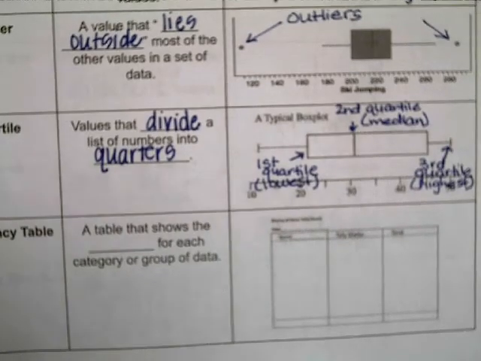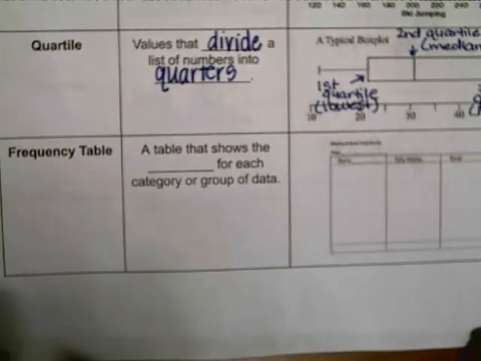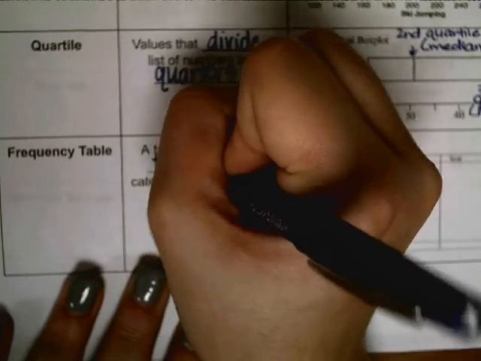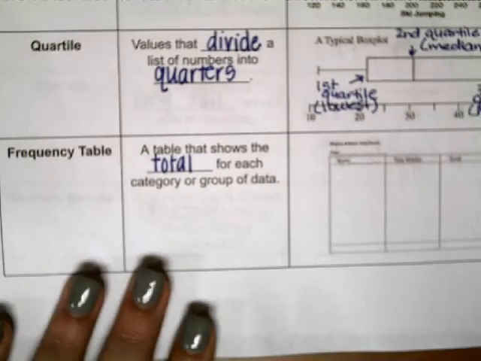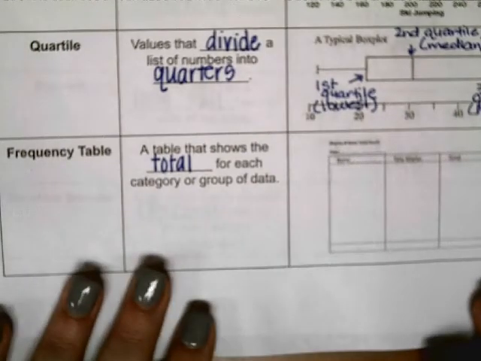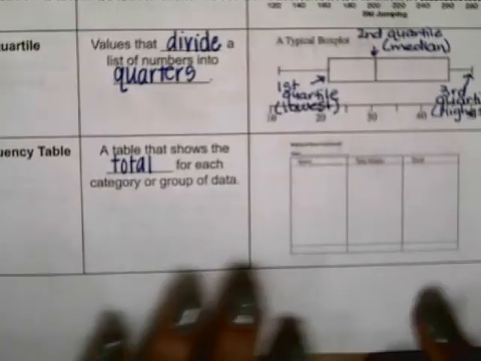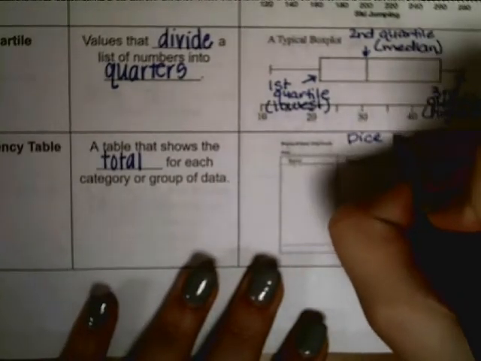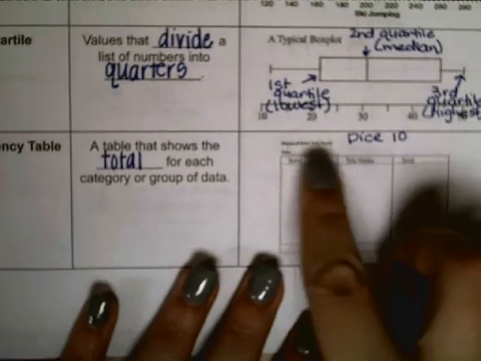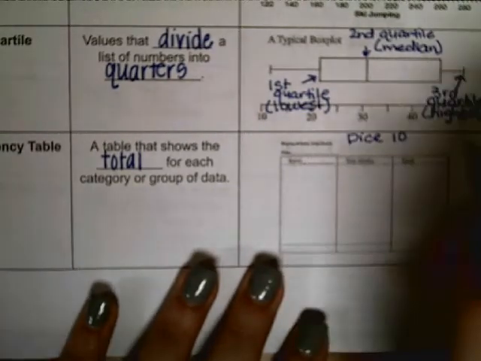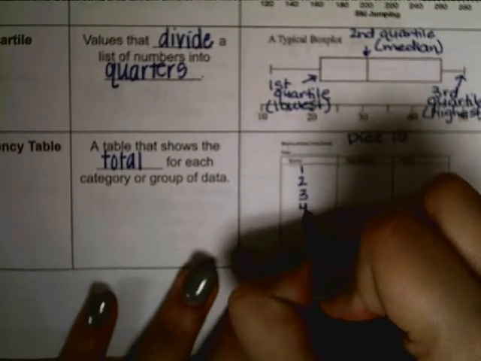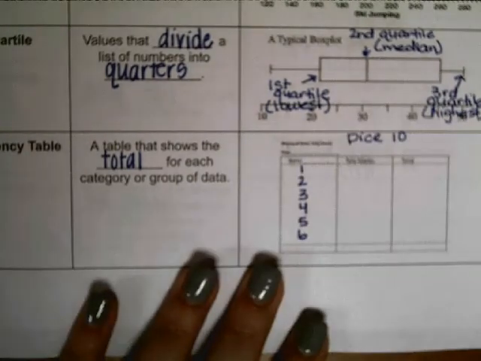And then lastly, a frequency table. A table that shows the total for each category or group of data. So for example, I could roll a dice 10 times. My options would go here. I could roll a 1, a 2, a 3, 4, 5, or 6.